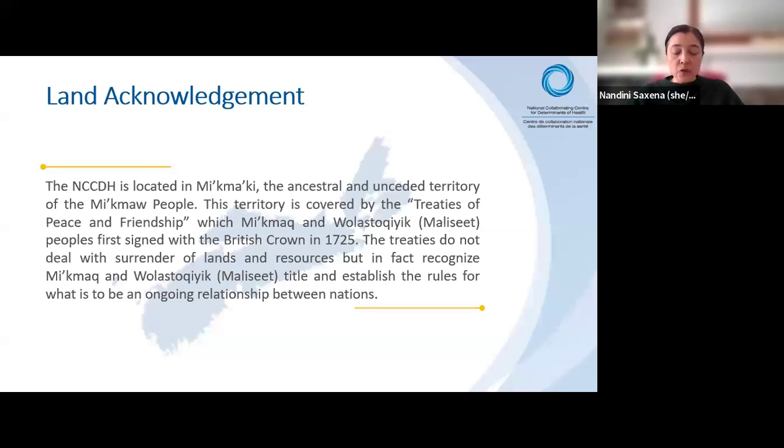For myself, I'm joining from Treaty 13 territory, which is the traditional territories of many nations, including the Mississaugas of the Credit, the Anishinaabe, the Chippewa, the Haudenosaunee, and the Wendat peoples, and it continues to be home to many Indigenous peoples from across Turtle Island.